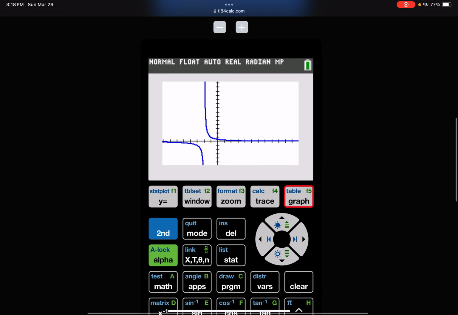Okay, so here's what my graph looks like. Remember, we found the vertical asymptote to be at negative 2. So that lines up. Here is around about negative 2 where my cursor is. And so that creates an imaginary vertical line that the graph will never touch.